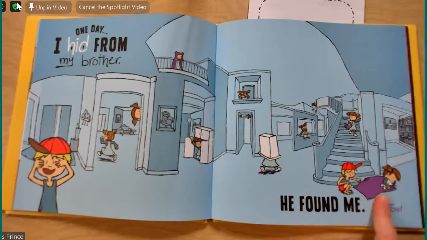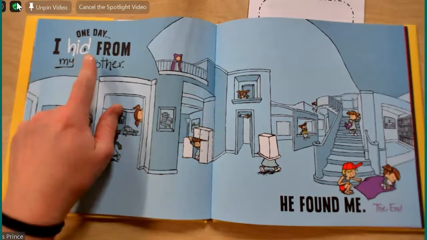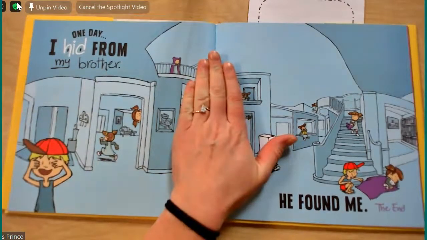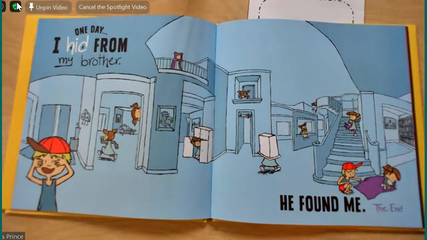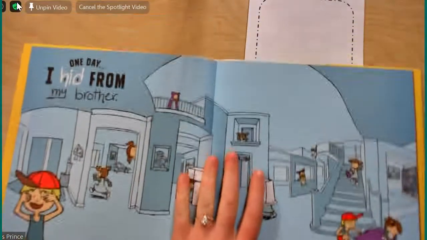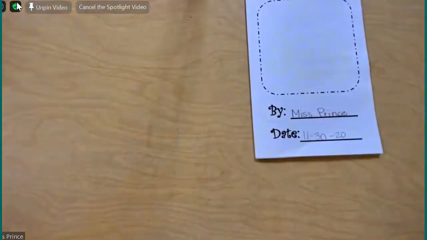Do you see where she's hiding? In a sleeping bag. Yeah, so we could say beginning, one day I hid from my brother. Middle, I was in my sleeping bag. End, he found me.